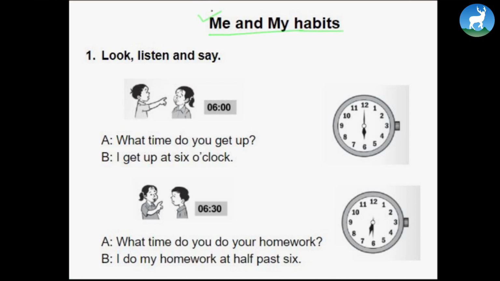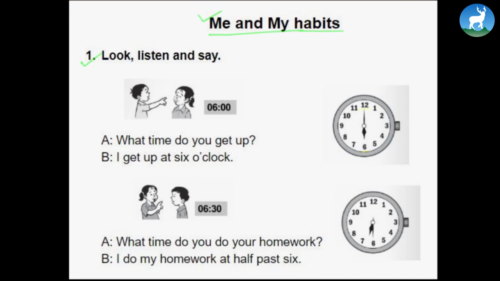Now, under this section, the first thing that we are going to do is we are going to look, listen, and say. So let's look at the first clock. I can even call it a watch. So if you look at this clock, you can see that the hour hand is pointing towards the number 6, and the minute hand is pointing towards the number 12.